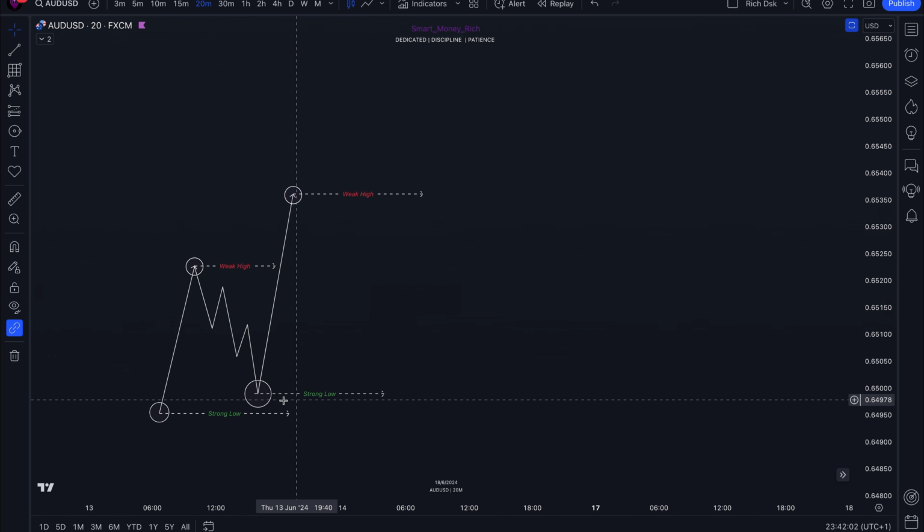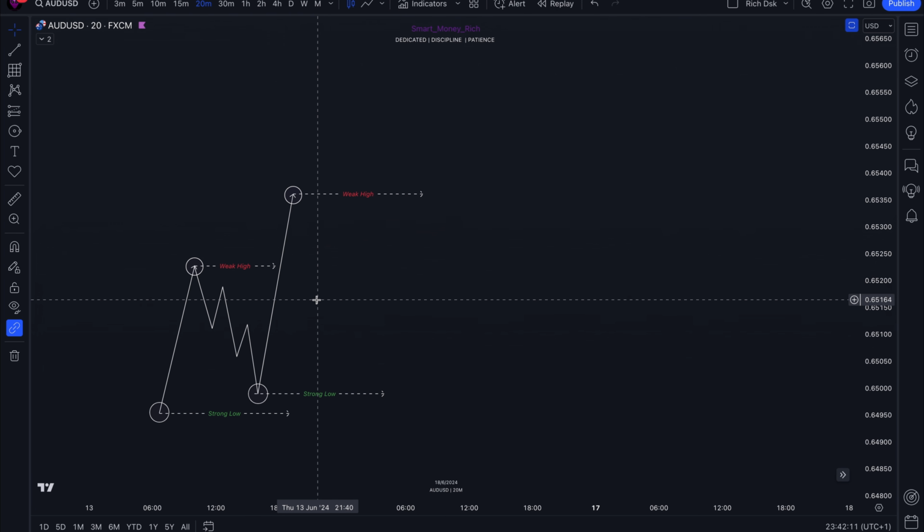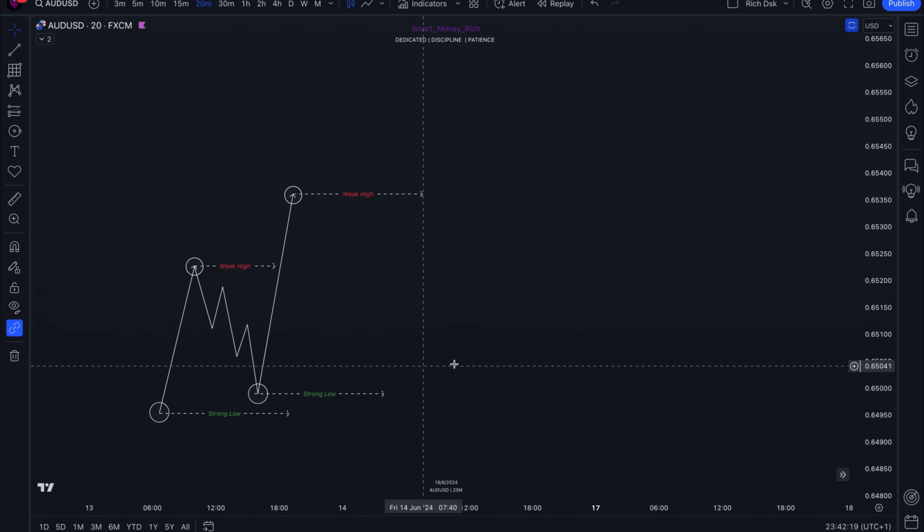So in this case, the legs to the upside, right? The legs to the upside are my swing structure. Do you get now? The legs to the upside are my swing structure. Anything within this high and this low is what we consider as internal structure, which is a pullback, which is price adjusting into a discounted price level for a buy continuation.